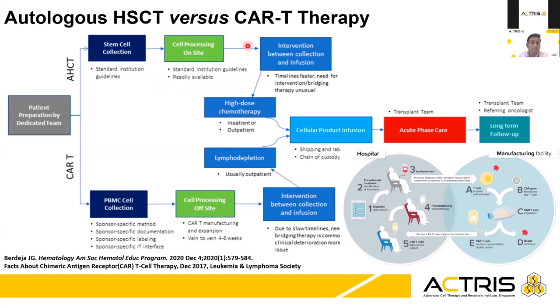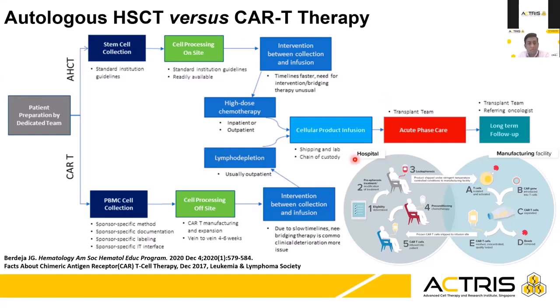Then, as the cells are being prepared, the patient needs to be prepared to get these cells back for having the therapeutic effect, right? During hematopoietic stem cell transplant, the majority of the patients will receive high-dose chemotherapy that will provide myeloablation, whereas for CAR T cells, we primarily give the patients lymphodepletion chemotherapies that will get rid of the excess immune cells, giving the space for the CAR T cells to come and exert the effect.